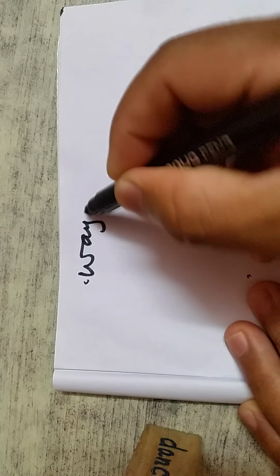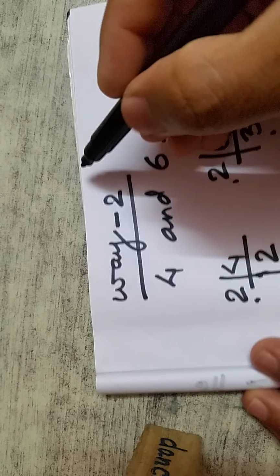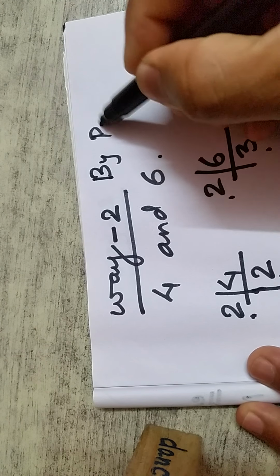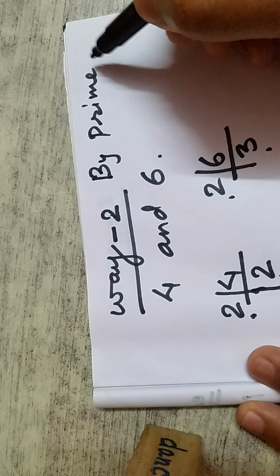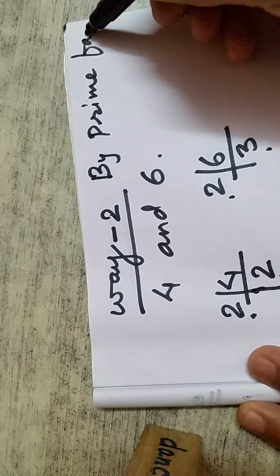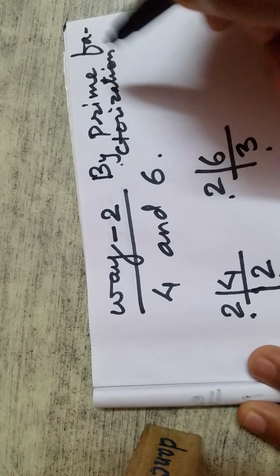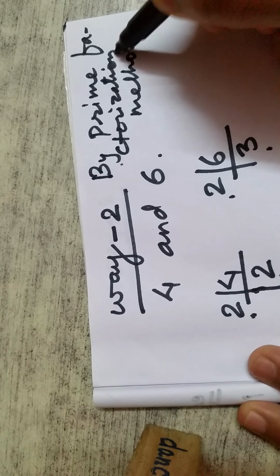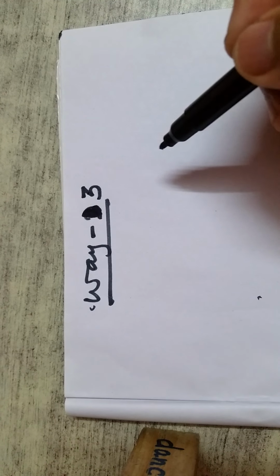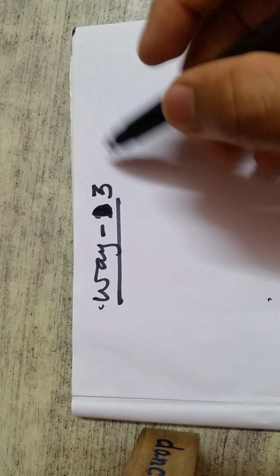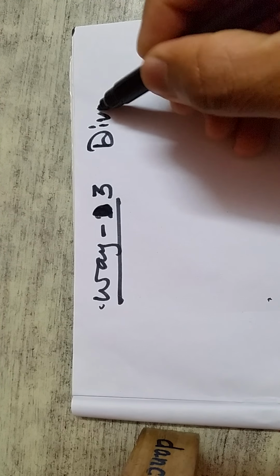That is way 3, and way 2 was the prime factorization method. And way 3 is the division method.